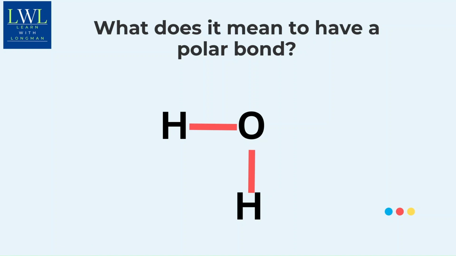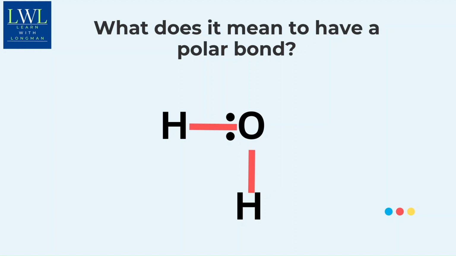So what does it mean to have a polar bond? If we take the example of the bond between hydrogen and oxygen in water, the oxygen is more electronegative than the hydrogen, and the electrons, which are shared in the covalent bond, will spend a greater amount of time near the oxygen than they will near the hydrogen.